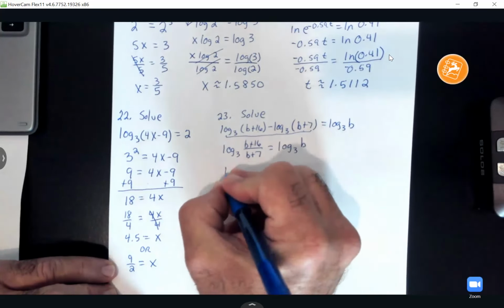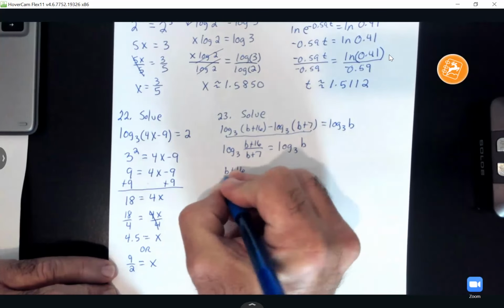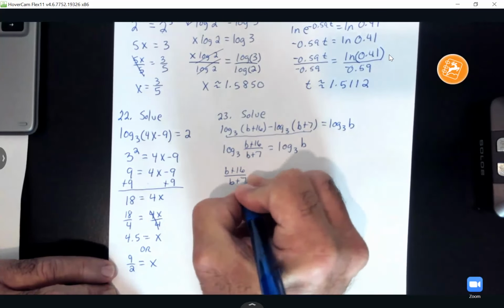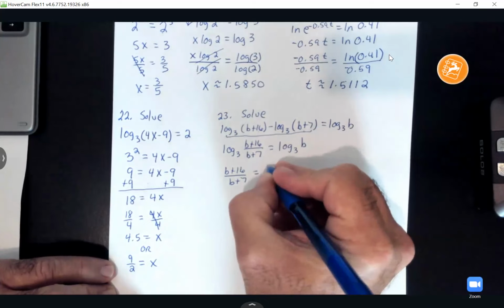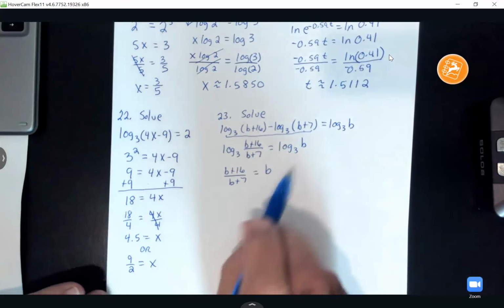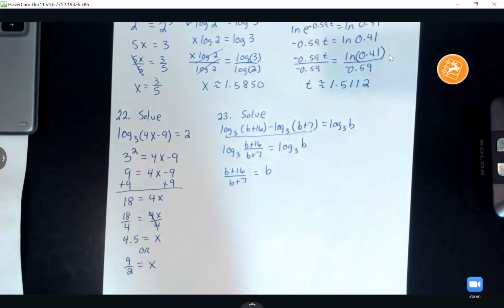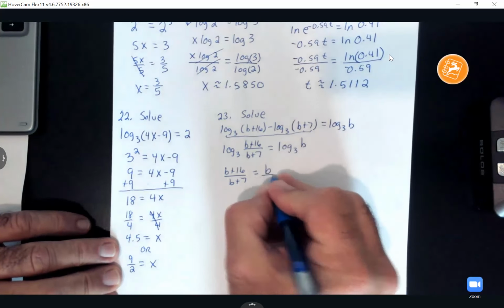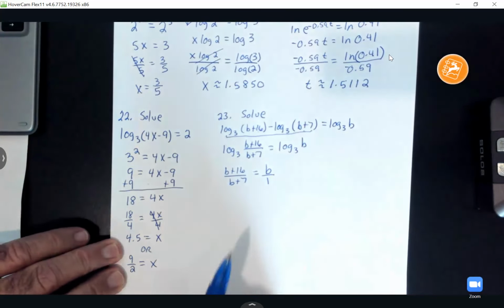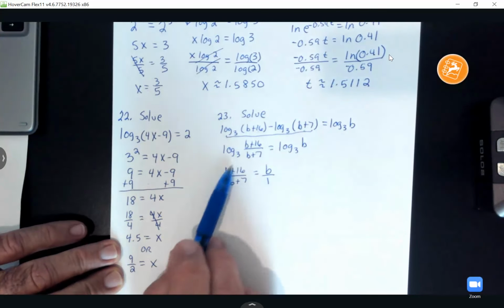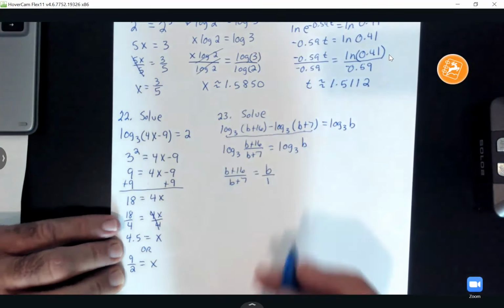So this b plus 16 over b plus 7 has to equal the b on the right side. So guess what? I always put a 1 under that. To solve this, I'm just going to cross multiply.